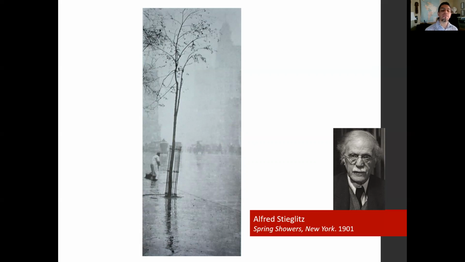So here we have line, we have contrast, we have texture, and a few things, plus the skill in order to create an image like this.